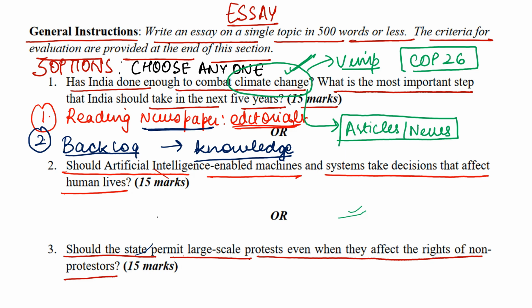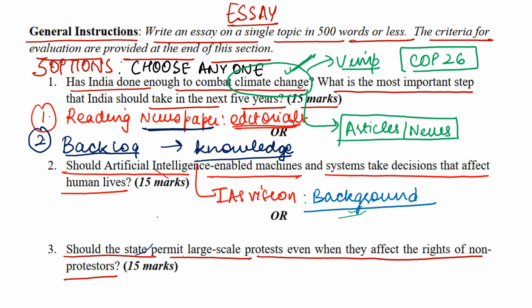And if you are reading the backlog from IAS Vision, then IAS Vision is doing the background research for you. Because why is that magazine being written? Because people preparing for IAS are reading this, and they will give you the background which is going to help you with the essays. So you have to cover not only climate change.